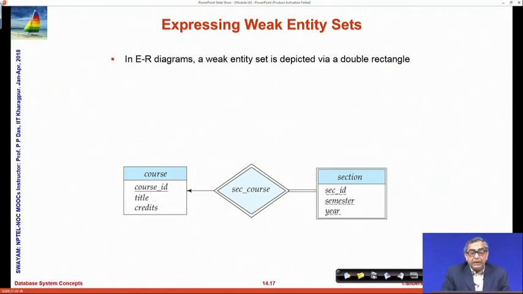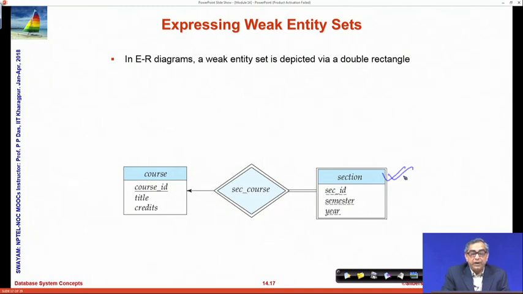Now, let us go back to discussing weak entity sets. In the ER diagram, a weak entity set is represented by a double rectangle. You remember section is a weak entity set, and why is it so? Because two different courses may have the same section ID, semester and year, that is, two or more courses may run sections by the same name in the same semester and year.